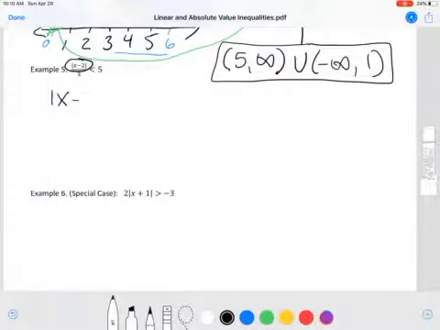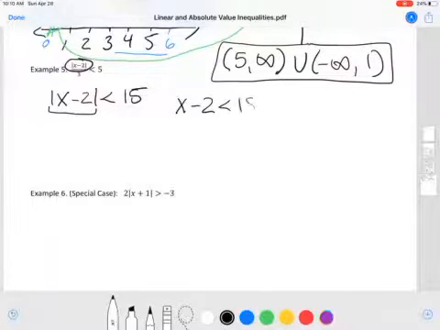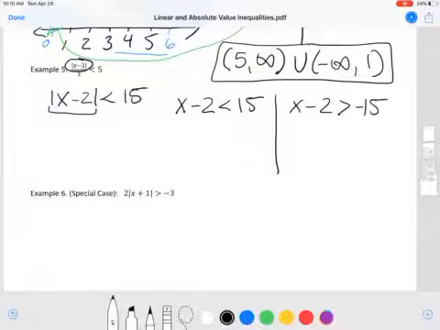So when I multiply both sides by 3, I get x minus 2 is less than 15 away from 2. And so now I have this isolated so I can set up my 2 different inequalities. So I have x minus 2 is less than 15 and x minus 2 is greater than negative 15.